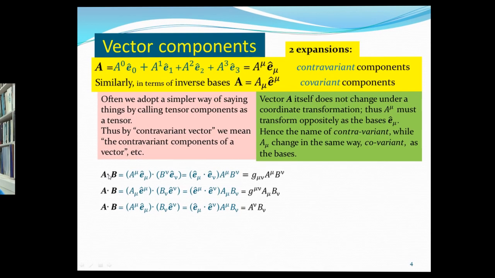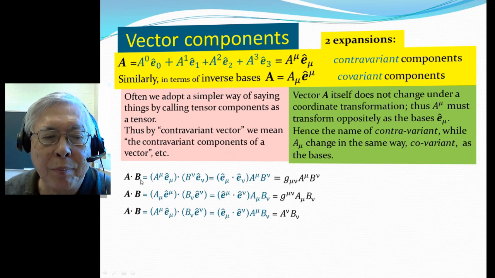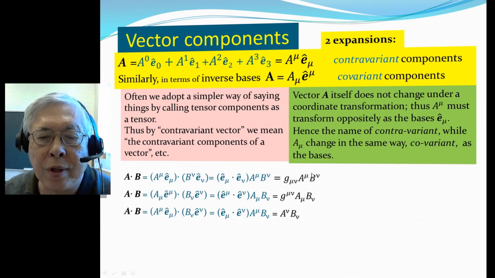Now, if we consider the dot product, the scalar product of A and B. If we expand in terms of the basis, then the basis gives the metric. So you have contravariant components multiplied by the metric. If we expand in terms of the inverse basis, this will be the inverse metric. So again, the inverse metric comes in with covariant components.